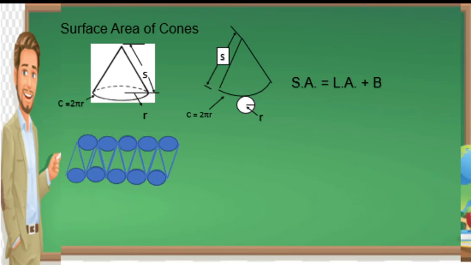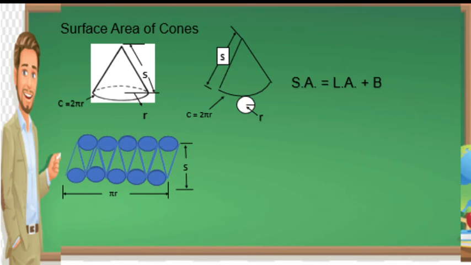Okay, this is a parallelogram. Of course, this portion is considered as pi r. And of course, this portion from here up to there is the so-called slant height.